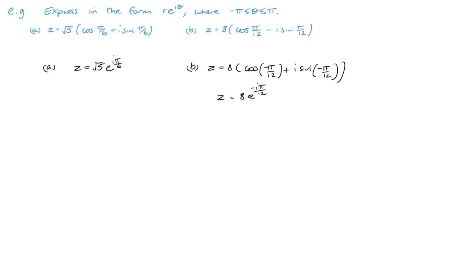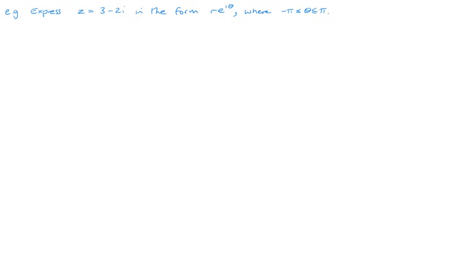Nice and easy so far? Yeah, I think so. Let's look at the next example. Now I've got z is 3 minus 2i. So 3 minus 2i is going in this direction, 3 across and then 2 down. This is going to be my r, and this one will be alpha.